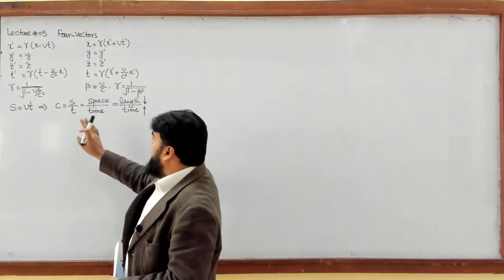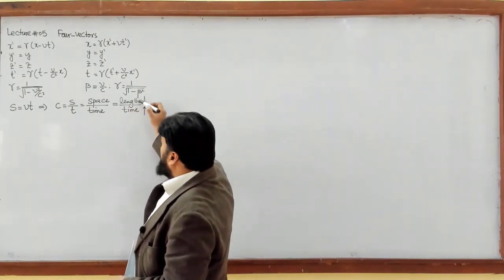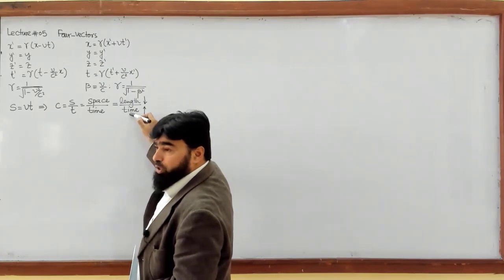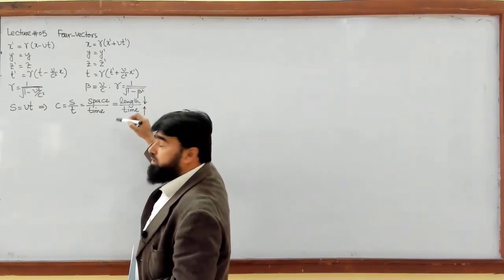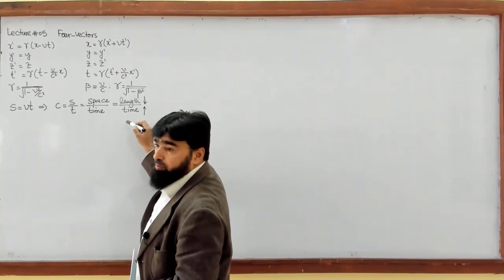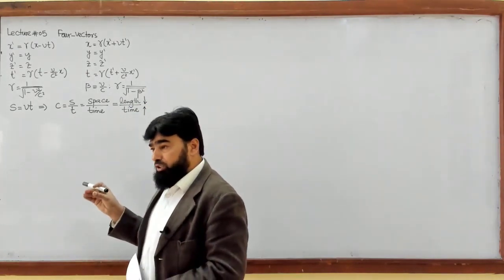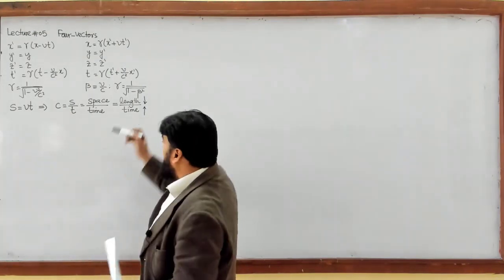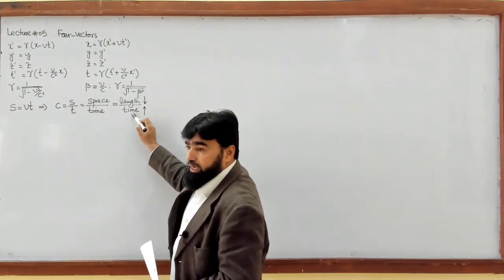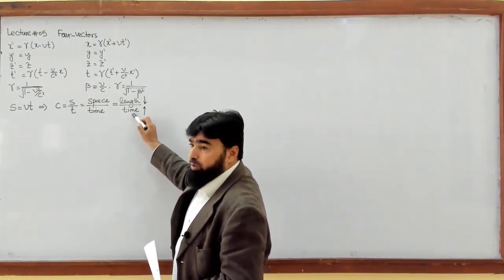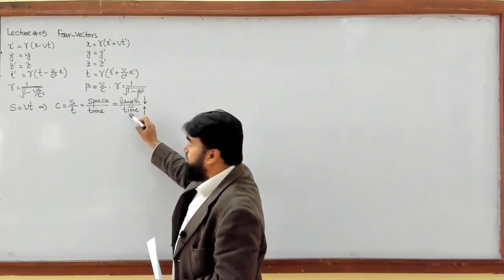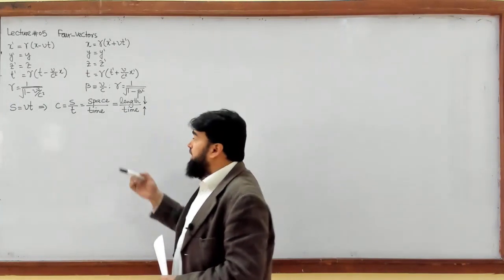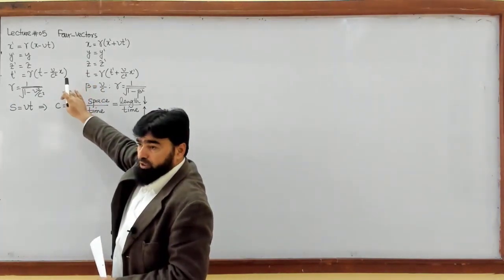When we find such a length and such a time, it will be the invariance of space and time. Like the length measured, that length which will not be contracted, that time which will not be dilated. So we will have to go for that space and for that time which remains invariant under Lorentz transformation.